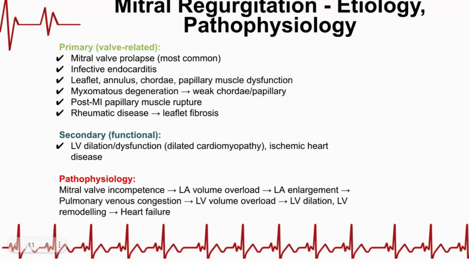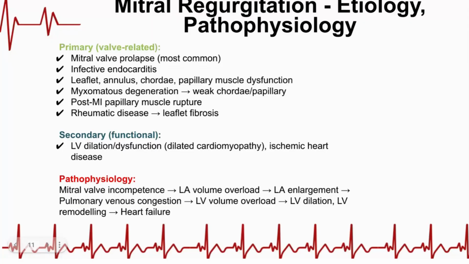Remember, valves are covered with endocardium, so inflammatory or infective changes could also spread to the valve. This can cause inflammation, and this can cause the valve to become incompetent. We can also have leaflet, annulus, chordae, or papillary muscle dysfunction.